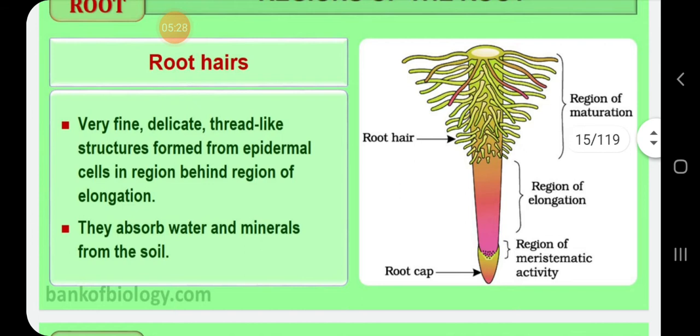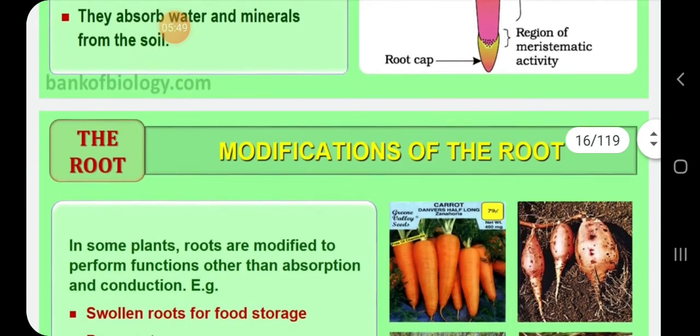Root hairs are very fine, delicate, thread-like structures formed from epidermal cells in the region behind the region of elongation. Their work is to absorb water and minerals from the soil.